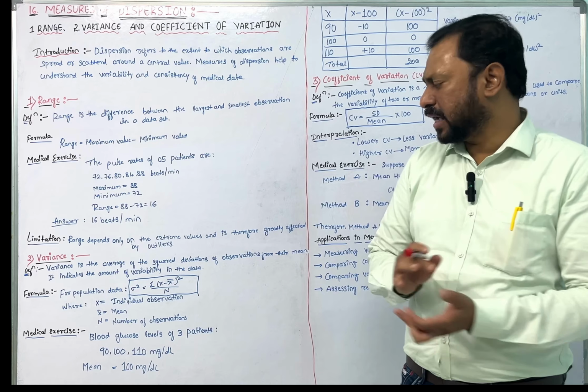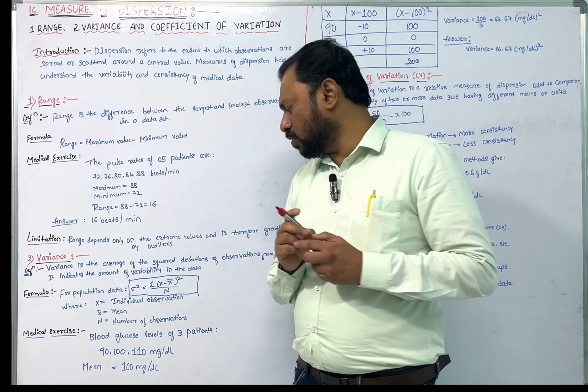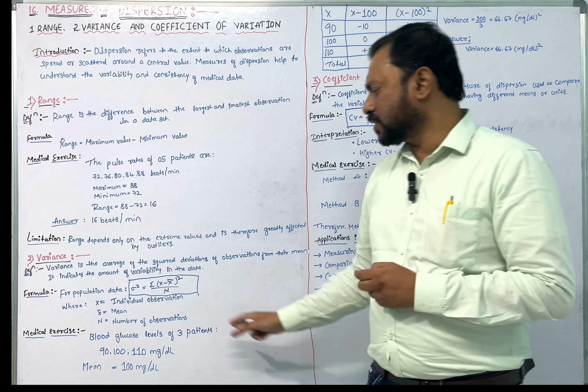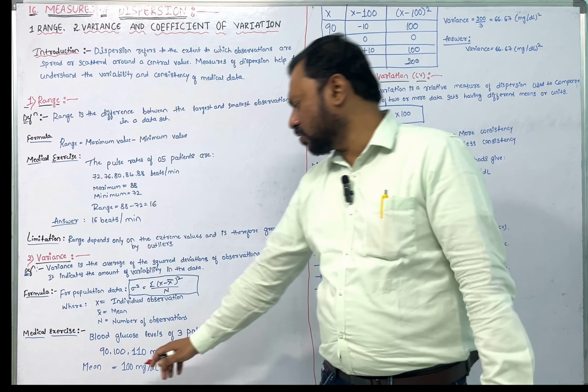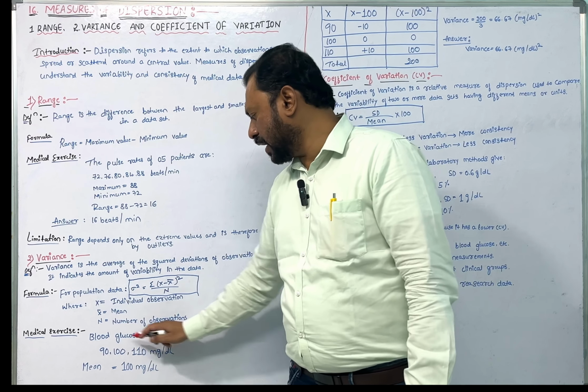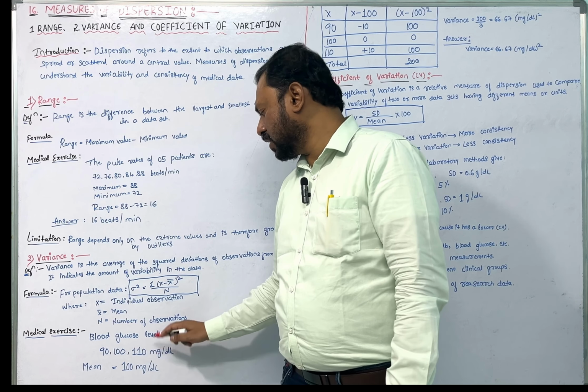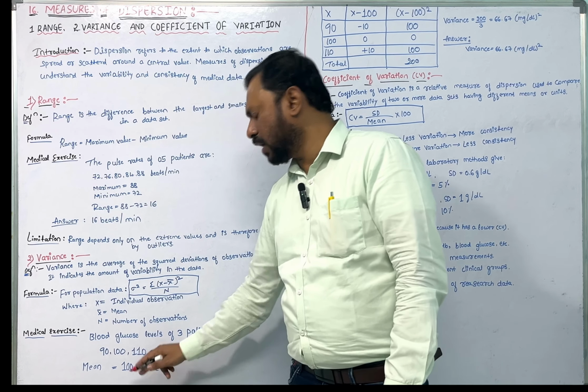Consider one medical example. If you are taking blood glucose, the values of 3 patients come to 90, 100, 110. Then if you total and divide, the mean is 90 plus 100 plus 110 divided by 3, and the mean value will be 100 mg.